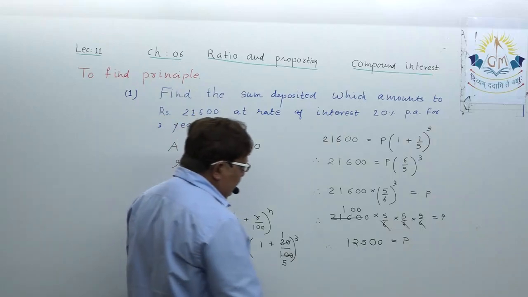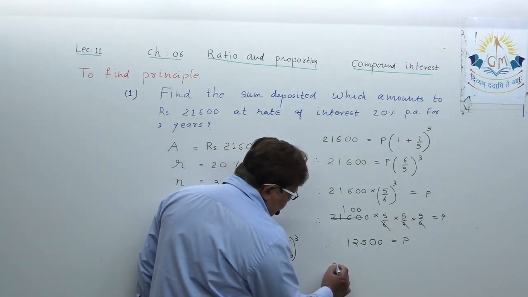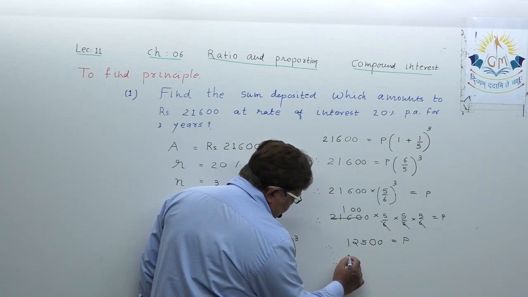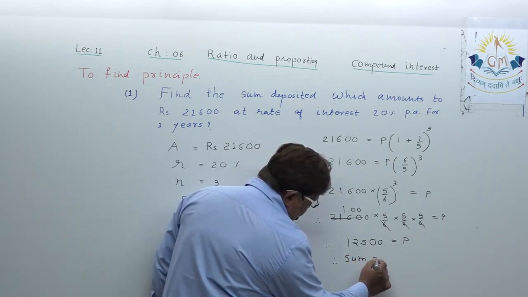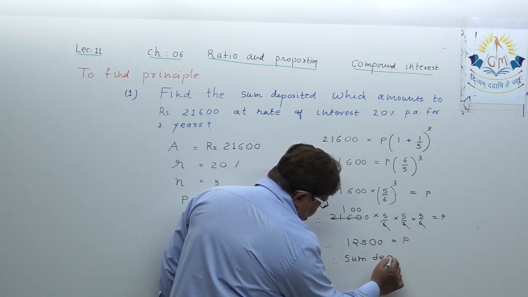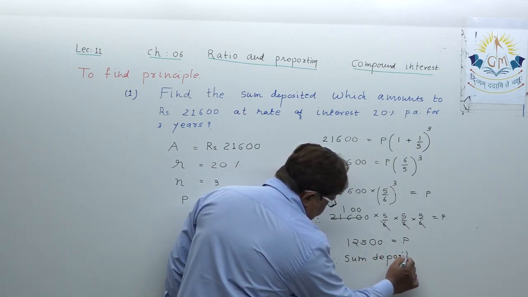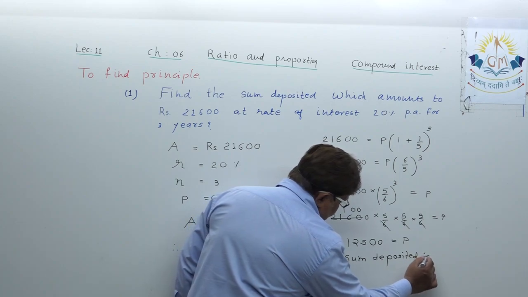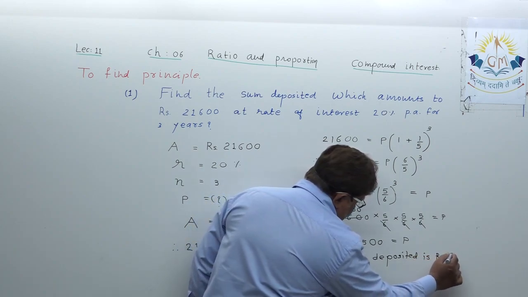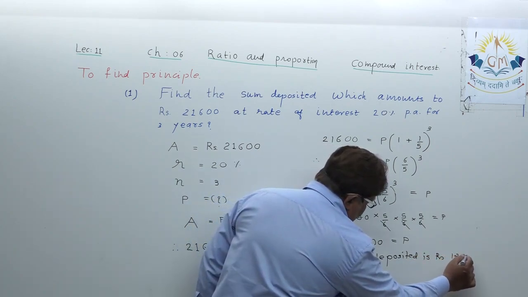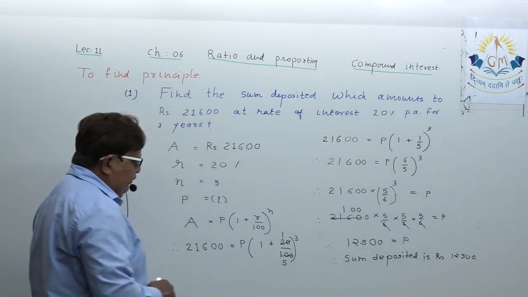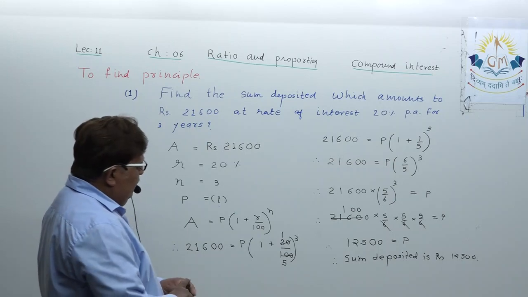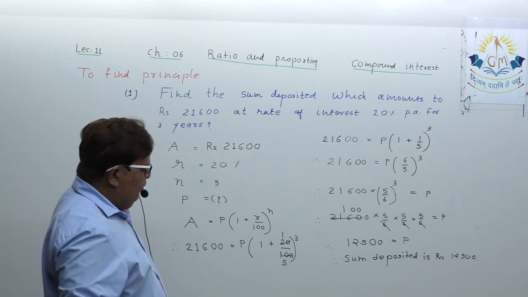Understood? At last you need to write therefore sum. You can write this way: sum deposited is rupees 125,000.